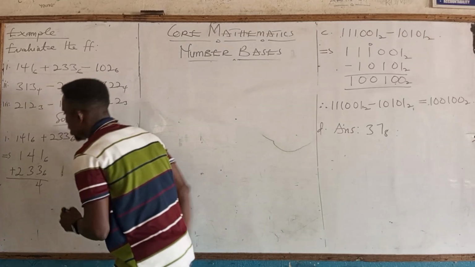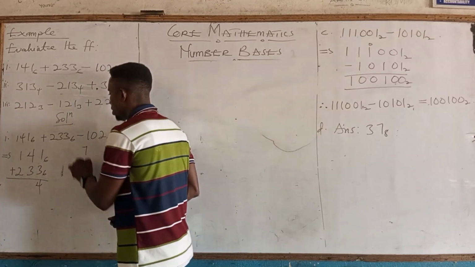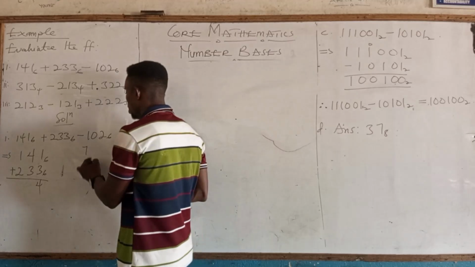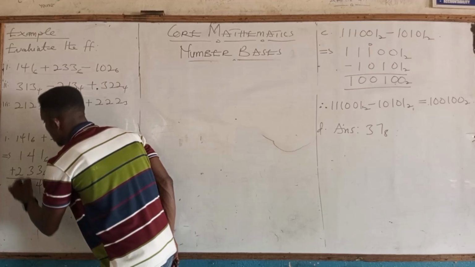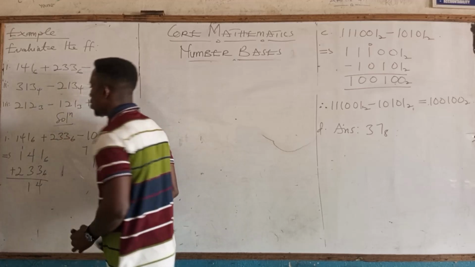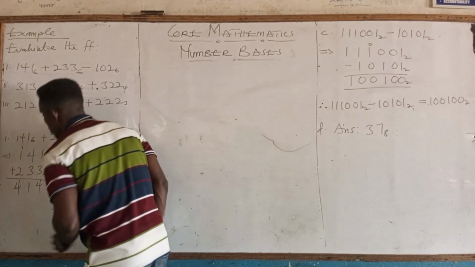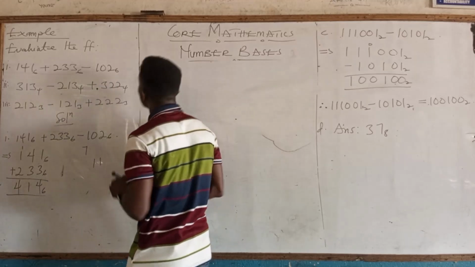So that is the 4 here. And this one will get me 7. We are in base 6. So 7, how many groups of 6 can we have here? That is 1. Then 1 unit to be left. So I can write my 1 here, then bring this one forward. So I will have 2 plus 1, that is 3, plus 1, that is 4.